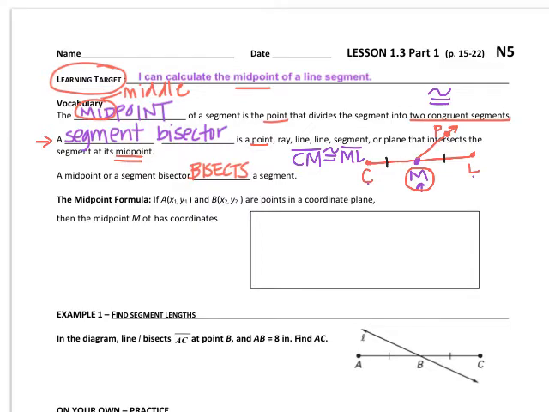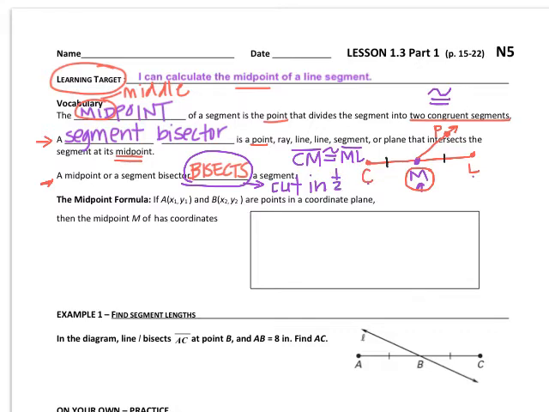And the final vocabulary term that we have here: a midpoint or a segment bisector bisects a segment. Okay, so what do we mean by bisects? And that's something that you definitely want to know. It means to cut in half.